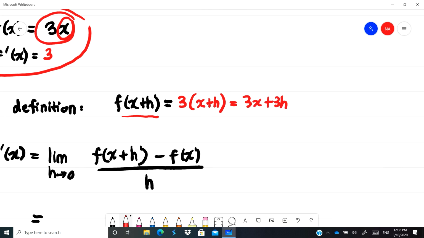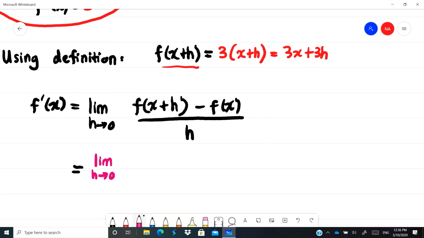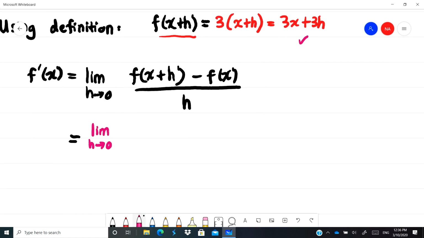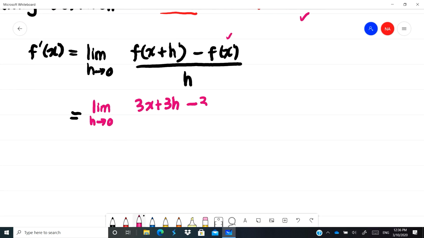Then you plug into the formula. We have not substituted h with 0, so you write limit as h approaching 0. f(x plus h) is 3x plus 3h, minus f(x), which is 3x, so you have minus 3x, over h.